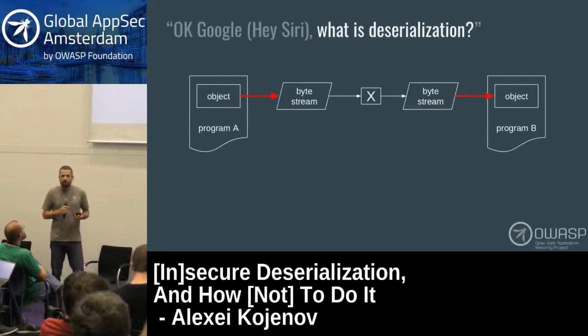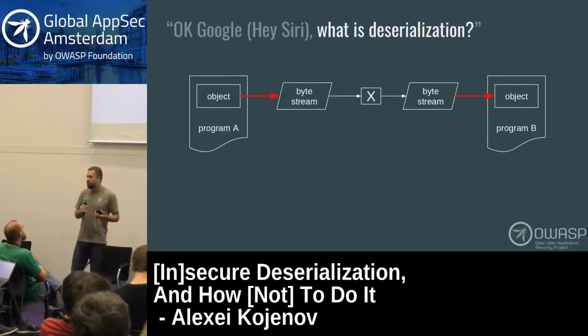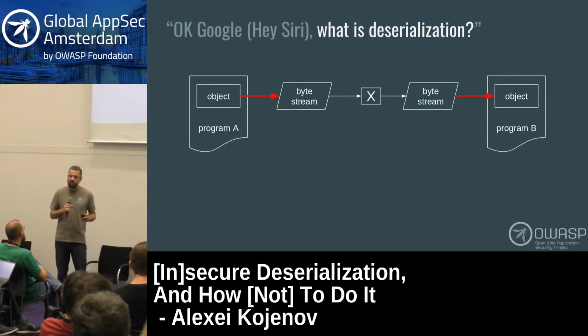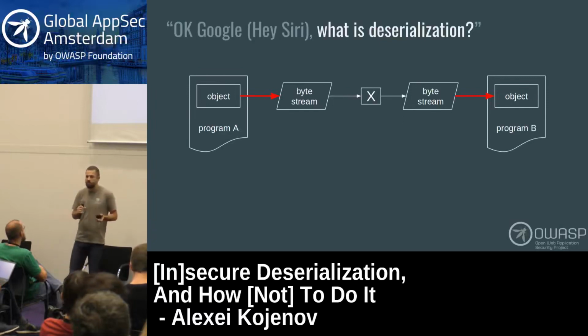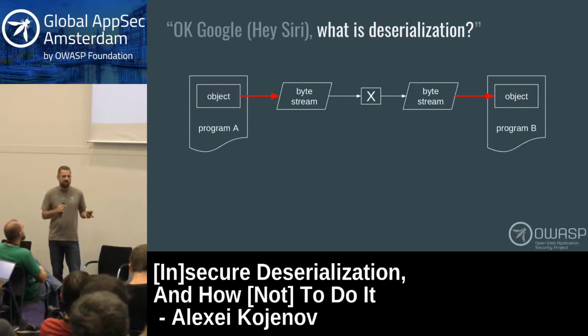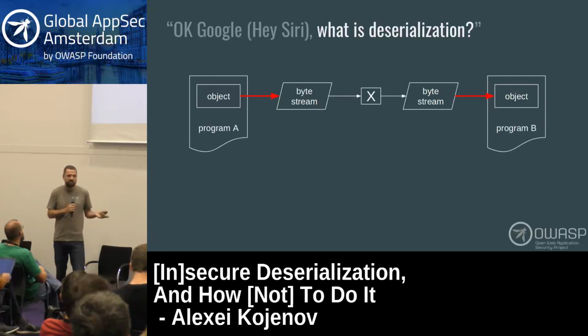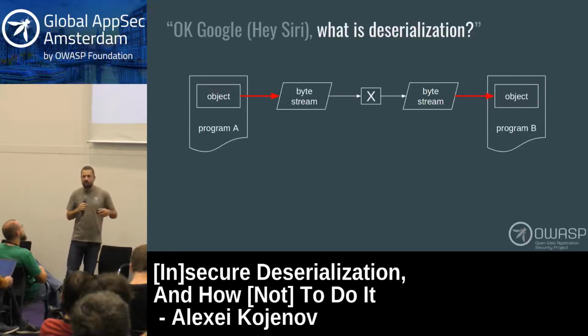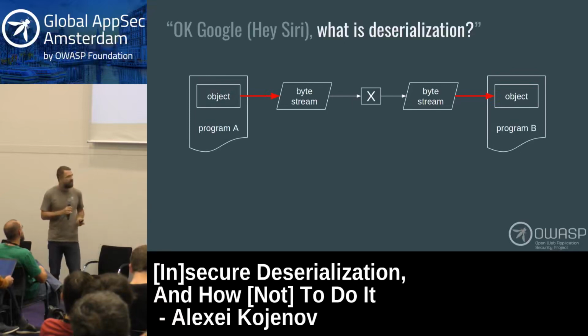But first of all, what it is. Let's say you have a program with some kind of an object in its memory, and you want to send that object to maybe a different program. The way it's normally done, that object is converted to some kind of a byte stream, and then you send that byte stream over a certain channel. It doesn't really matter. And then on the other end, that byte stream is deconverted to create a copy of that object in maybe another program.